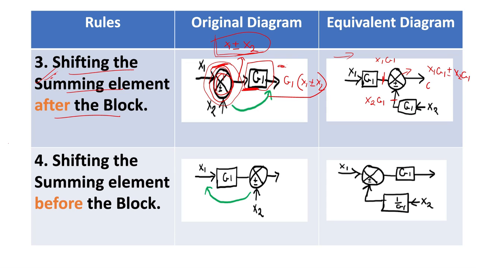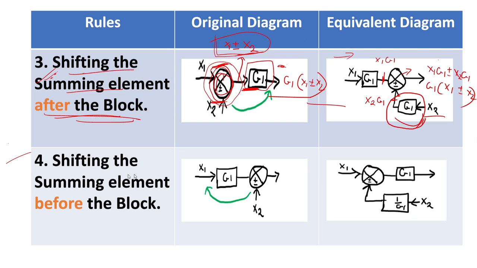If we take G1 common, then we will get G1 into x1 plus minus x2. So you can see that the output in both the cases is the same. So now we can say that in order to shift this summing element after the block, you have to insert this additional block G1 here in order to make its output the same.